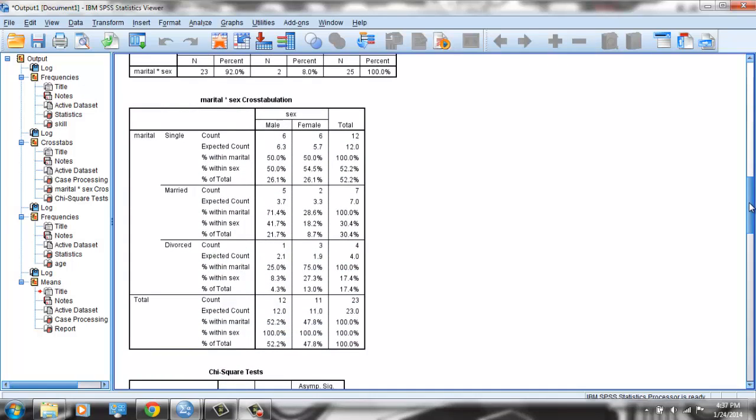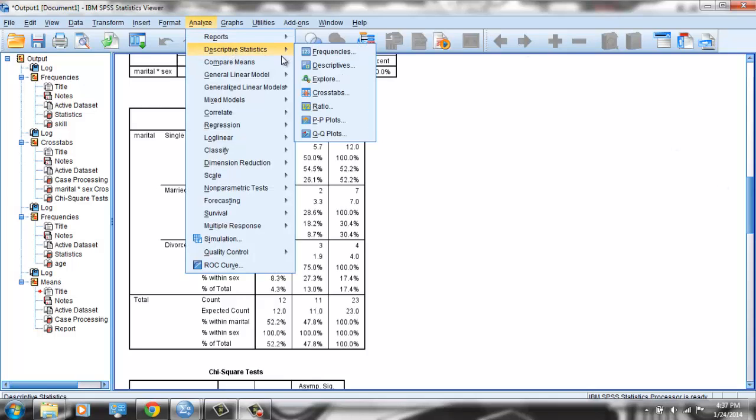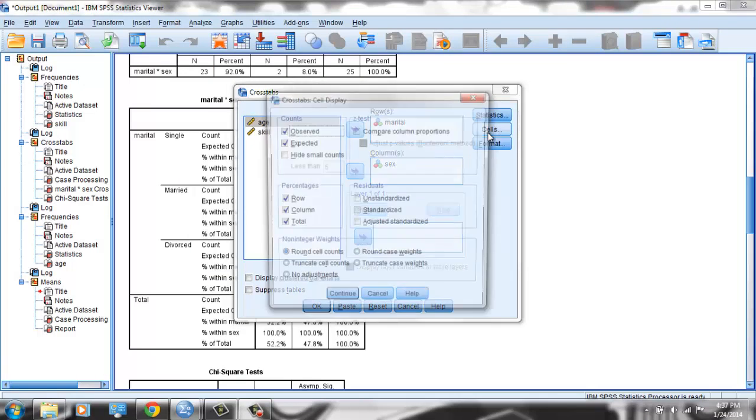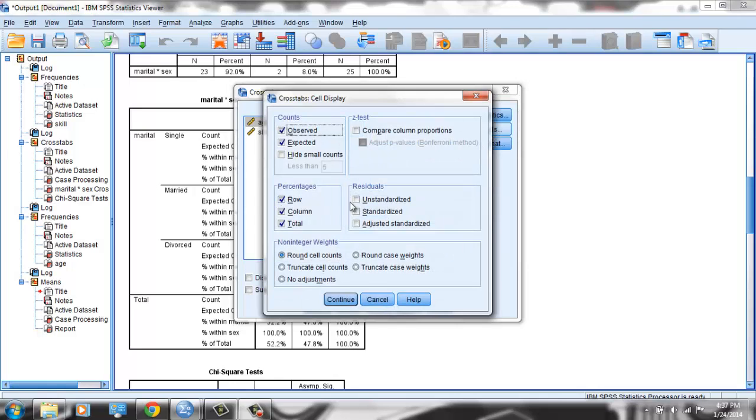Then we ask for the crosstab, slightly different set of buttons. Analyze, descriptives, crosstabs. And like I said before, it doesn't really matter what you do here. What does matter is on the cells, and to click on it and make sure you click on these percentages buttons so you can answer the questions.